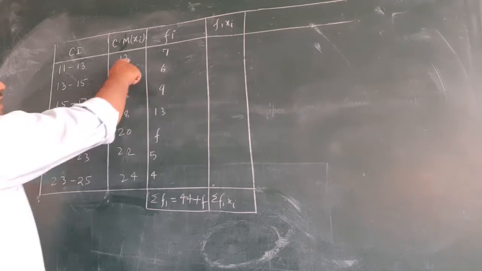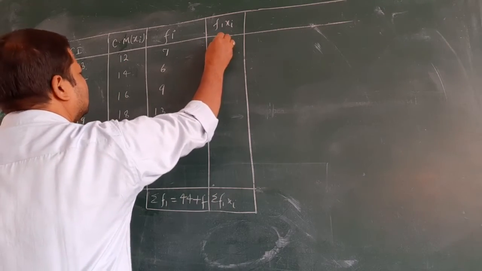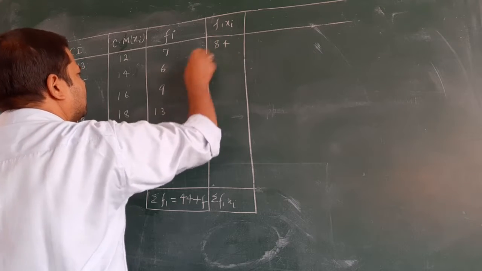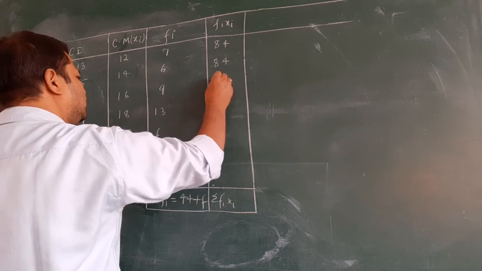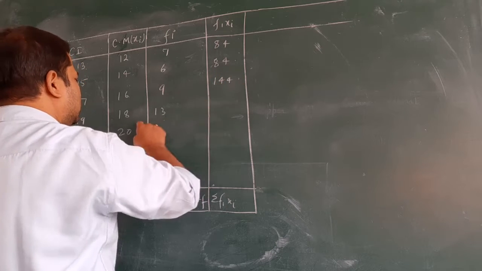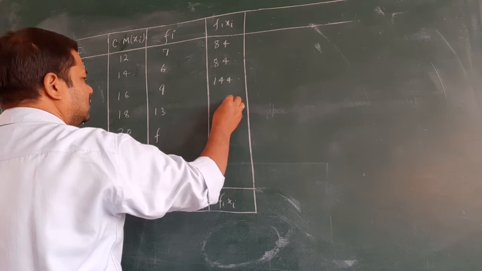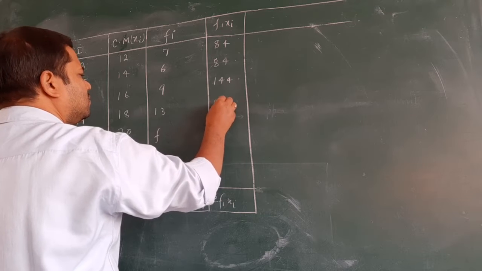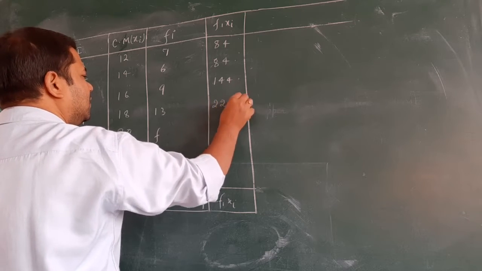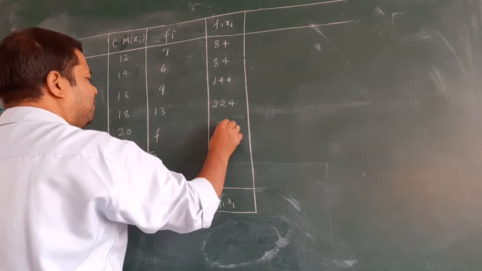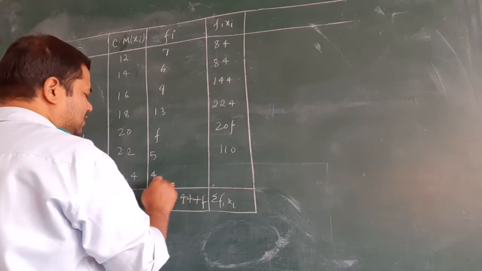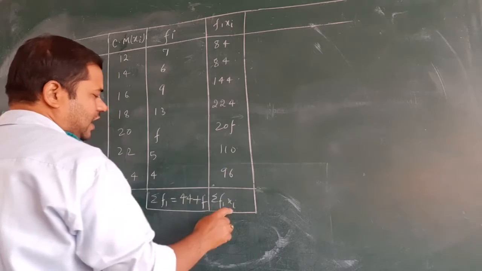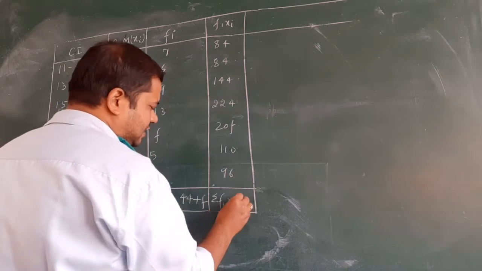Now fi xi: 12 times 7, and so on. This is 20f, and this is 100 and this is 96. What will you get for sigma fi xi?